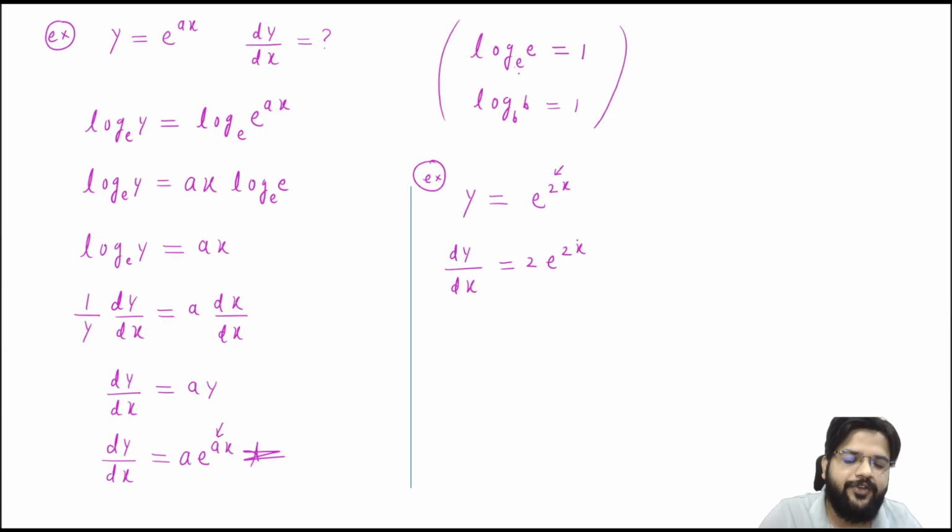So whatever constant we have with this variable, that constant we will write in the multiplication. So no need to take log and no need to do this long procedure, everyone. Directly you can write down the answer, if you know this thing. If you keep this thing in your mind, you can directly write the answer, everyone. So note it down, everyone.